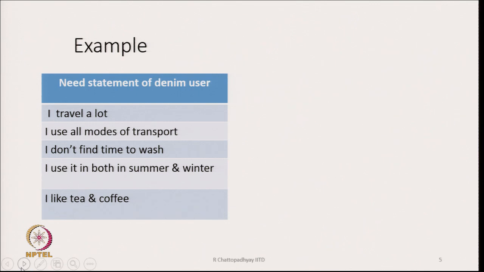The next one is I use all modes of transport. Next is I do not find time to wash, because he travels a lot, he moves from one city to another city very frequently, maybe almost half of the month he has to travel.